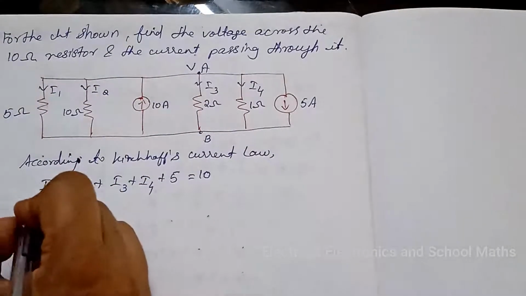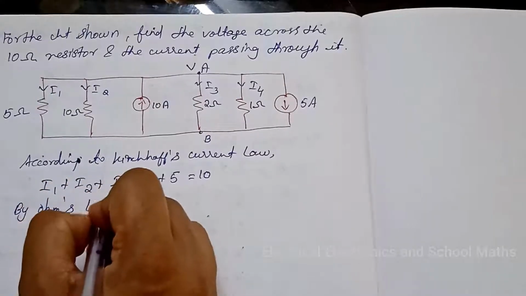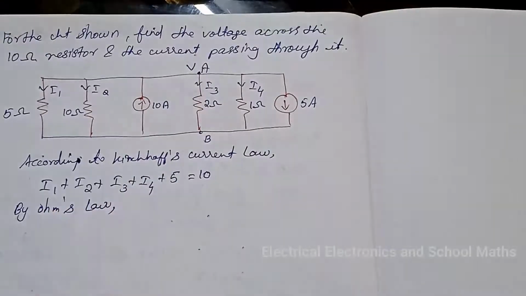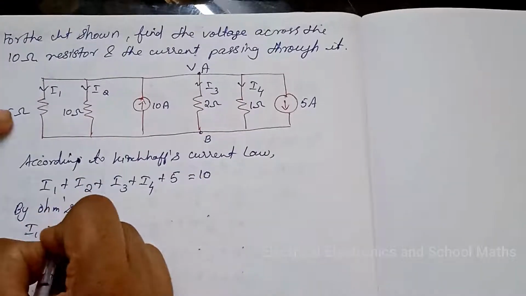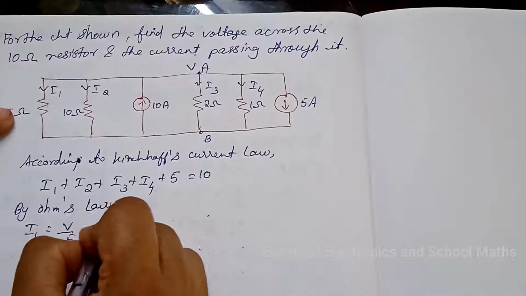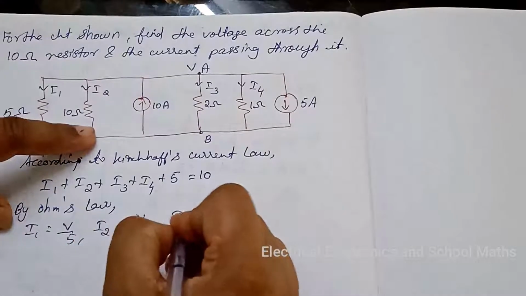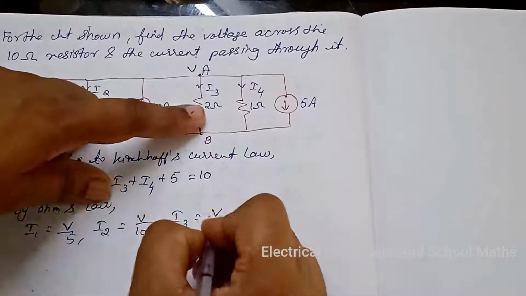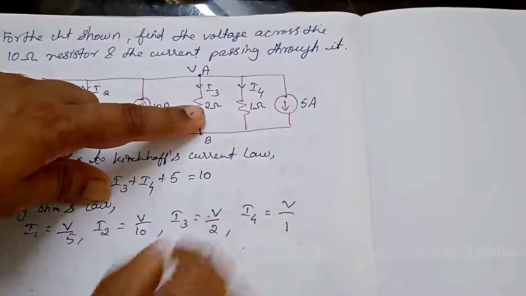and by Ohm's law, I1 is equal to V by 5, I2 is equal to V by 10, I3 equal to V by 2 and I4 equal to V by 1.